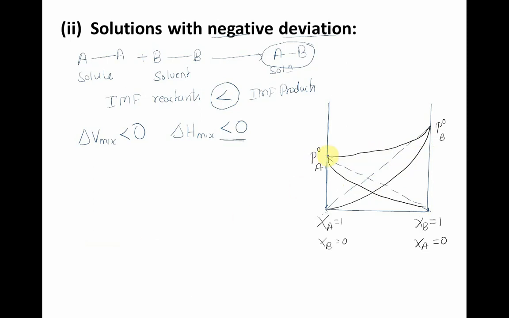This graph indicates that the non-ideal solution shows negative deviation from its ideal curve. Therefore, here we can write P total is less than PA plus PB. Since in this case vapor pressure is minimum, the boiling point of the solution will be maximum.